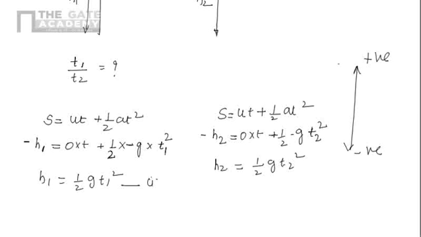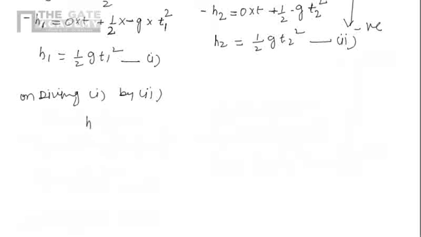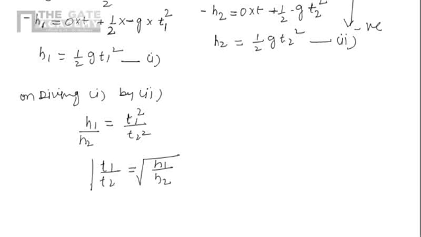This is equation 1 and this is equation 2. Dividing 1 by 2, we have h1 by h2 equals to t1 square by t2 square. So t1 by t2 will be under root of h1 by h2. This is the desired expression of t1 by t2 in terms of h1, h2.